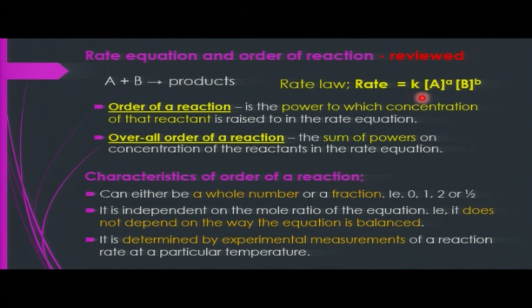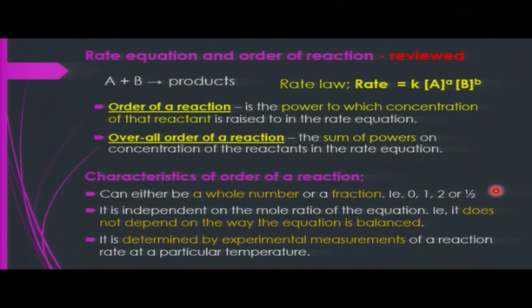So from this rate law, this small a is the order of reaction as the concentration of A changes, then b is the order of reaction as the concentration of B changes. So when you add a and b, it gives you the overall order. That is what we looked at.